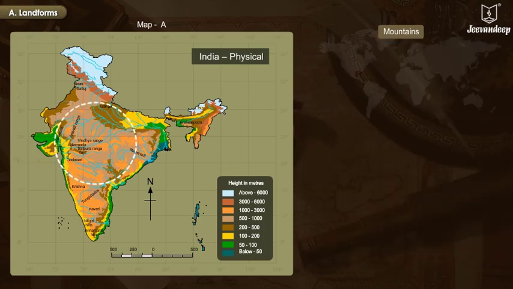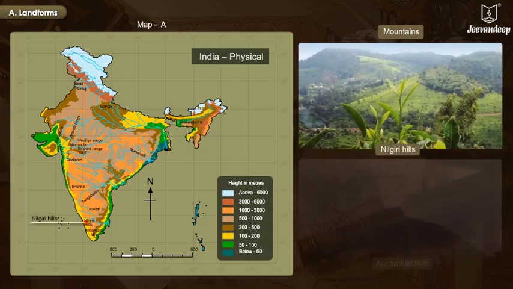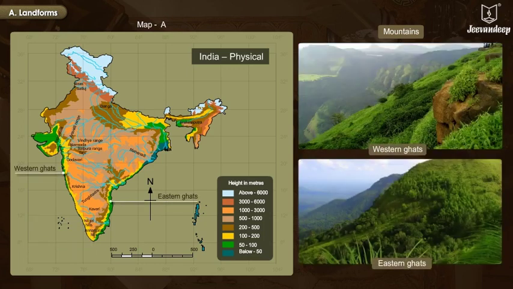In the central part of India, in Madhya Pradesh, the Vindhya and Satpura ranges run almost parallel to each other in a west to east direction. Nilgiri and Annamalai hills are seen in the south. The Western and Eastern Ghats run along the west and east sides of the Deccan Plateau respectively.